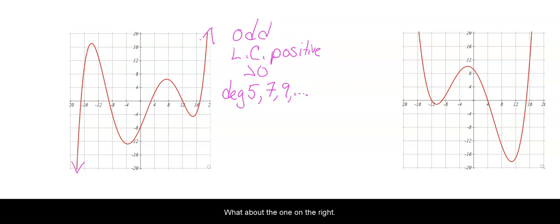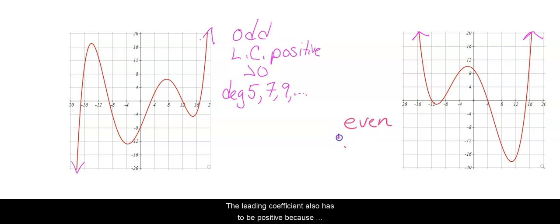What about the one on the right? On the one on the right, on the far left, it's going up forever, and on the far right, it goes up forever. Since they're both up, this one has to be even degree. The leading coefficient also has to be positive because they're both up instead of both down.